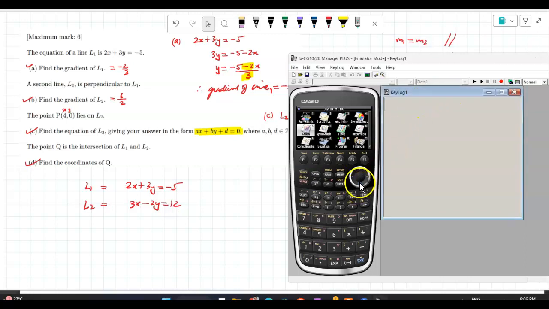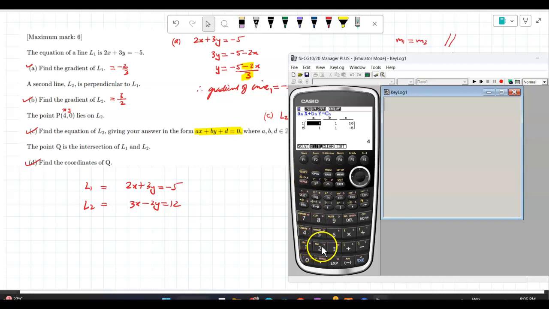So you go to equation, go to polynomial, simultaneous. Number of unknowns, 2. Type in the equation, only the coefficients: 2, 3, minus 5.